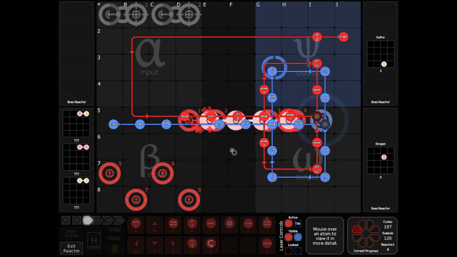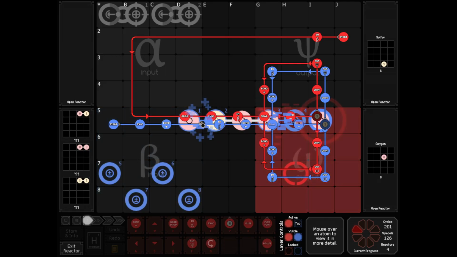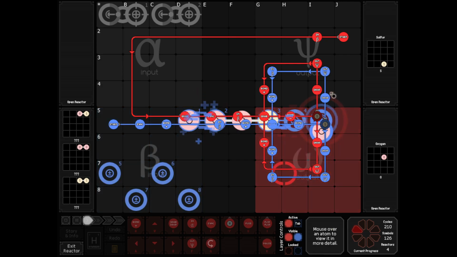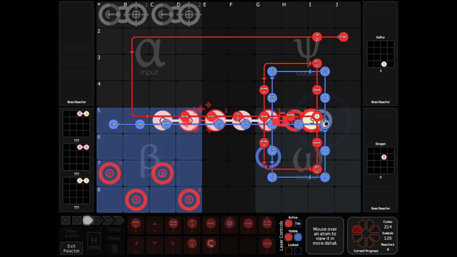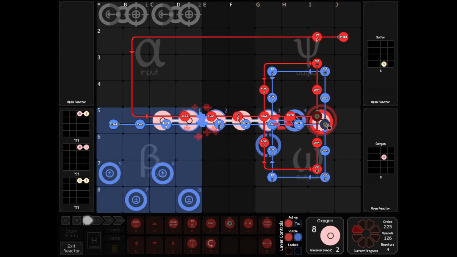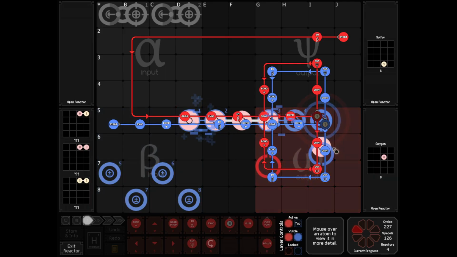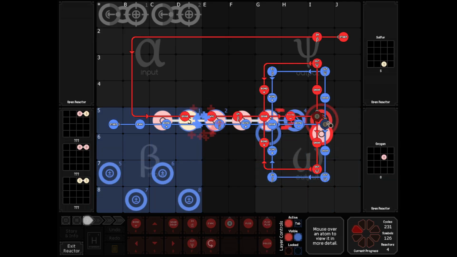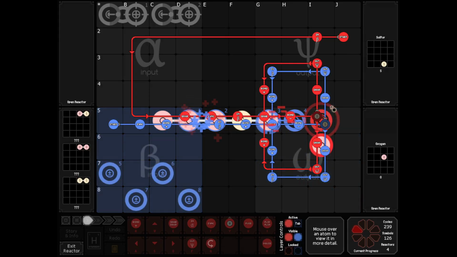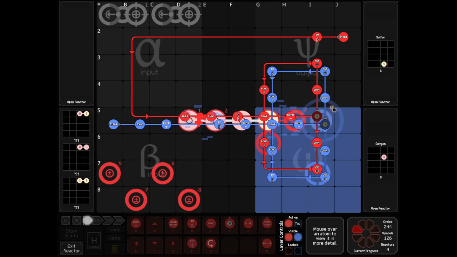So let's have a look at the next reactor. It continues building a stick, but this time a shorter one. And then senses one by one and carries the individual atoms to the 2 output zones. And this loop is really annoying.